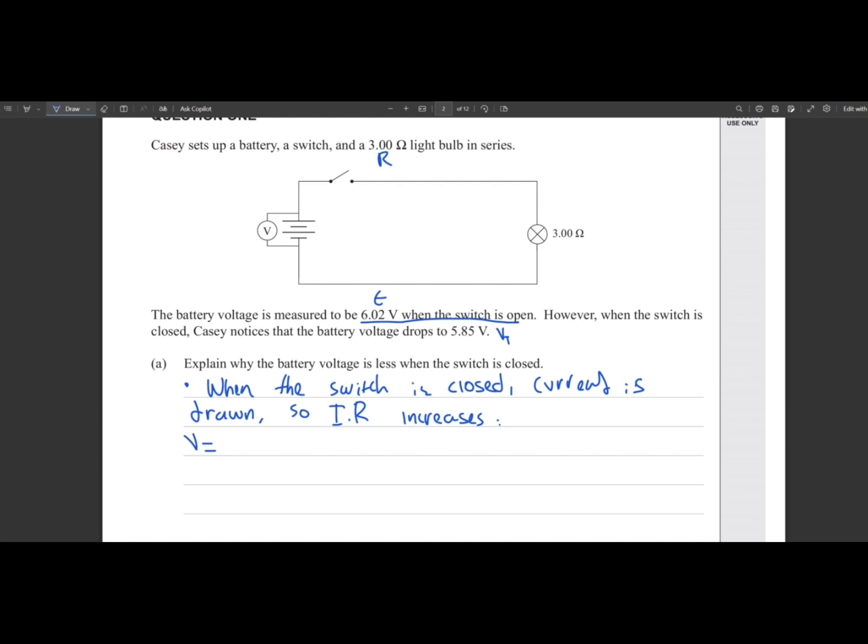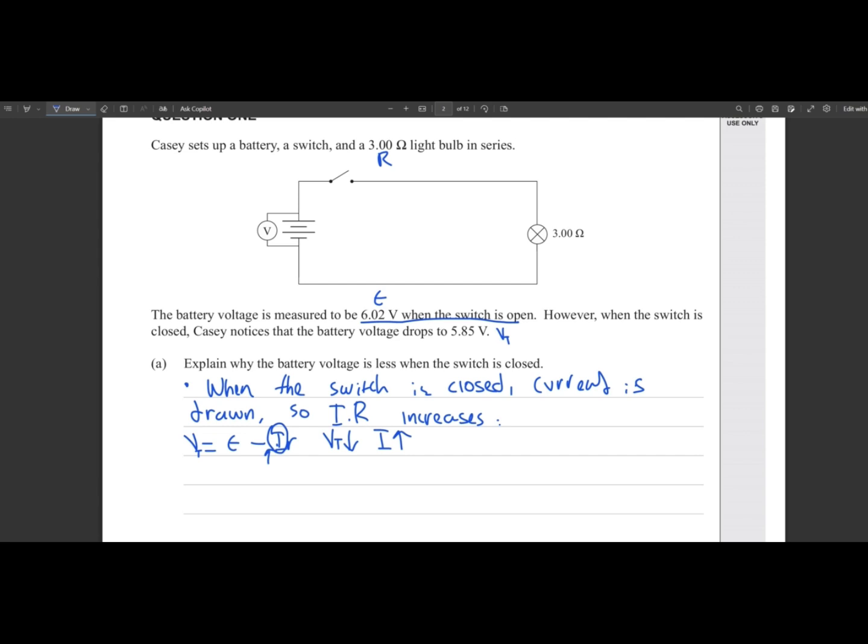And just putting that into equations, your terminal voltage is your EMF minus your internal resistance component, Ir. More current is being drawn from the circuit, therefore VT must decrease while I has increased. So that's why.